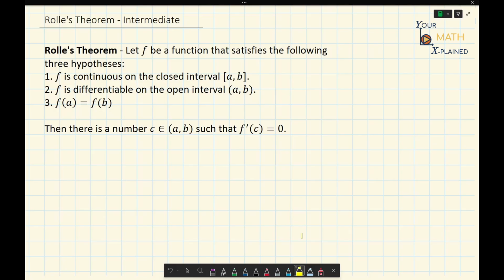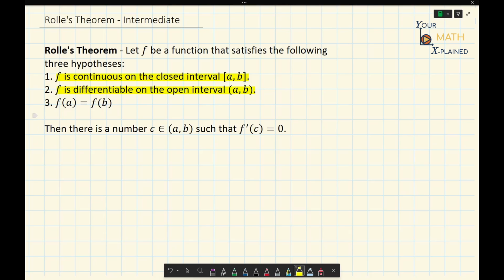So let's take a look at Rolle's theorem. It states that if f is a function that satisfies these three hypotheses, then we can draw this conclusion. Now the three hypotheses are that f has to be continuous on the closed interval ab. Not only does it have to be continuous, it has to be differentiable on the open interval ab.